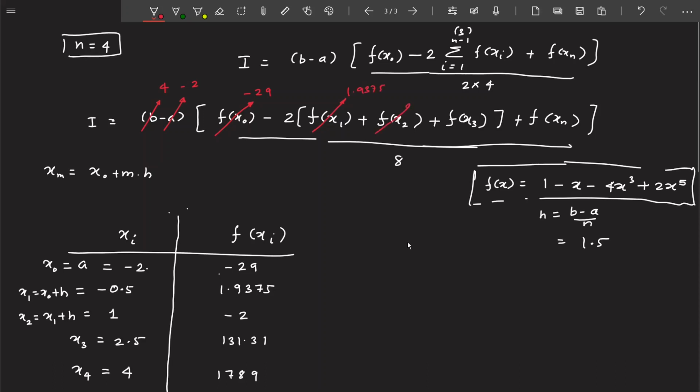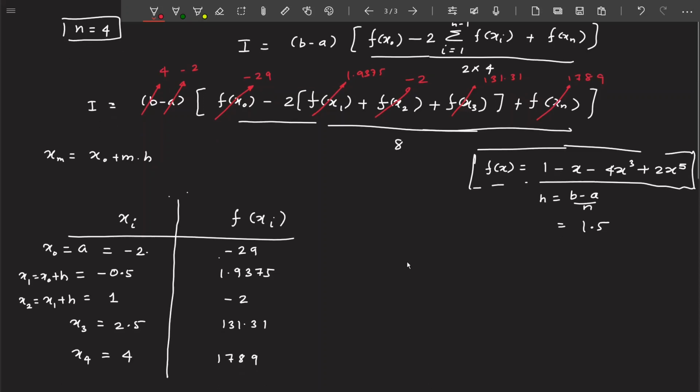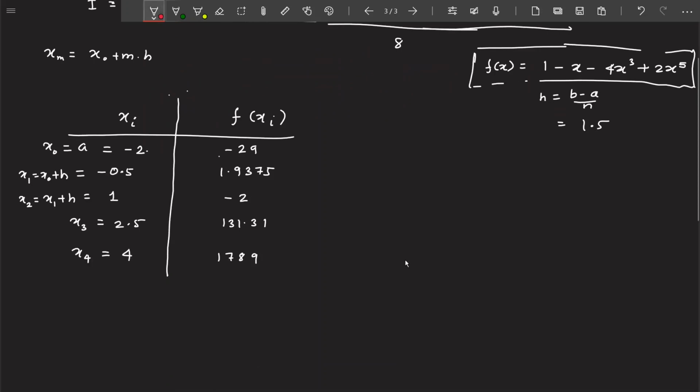What is the value of f(x2)? −2. And what is the value of f(x3)? 131.31, 1789, and so on.